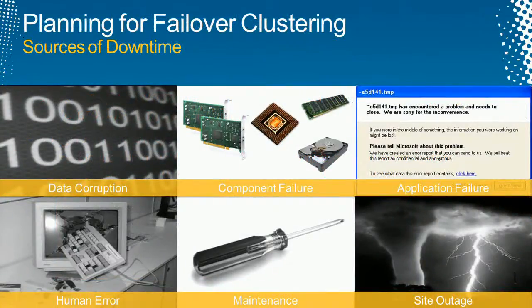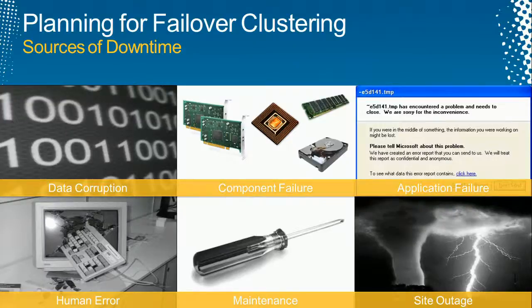So some of the sources of downtime, if you think in the environment what normally could take down a single standalone server, those are exactly the kind of things that clustering is designed to protect against. So you can have data corruption, whether that's the local drives or the shared storage that you're using. Component failure, a real common issue in the environment, where you might have an HBA failure, motherboard failure, or application level failure, an application crash.